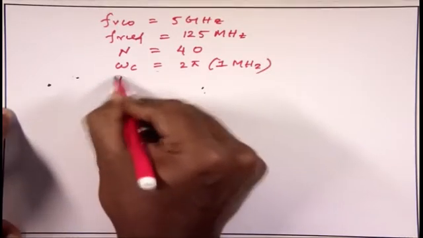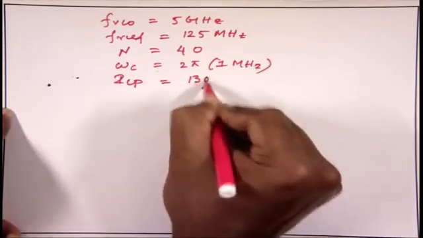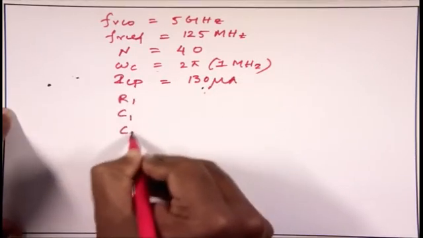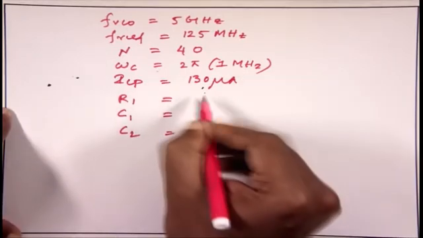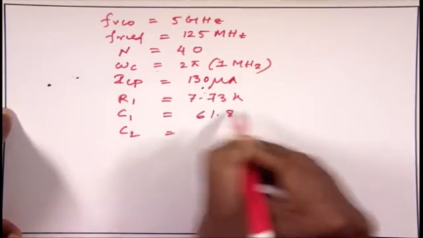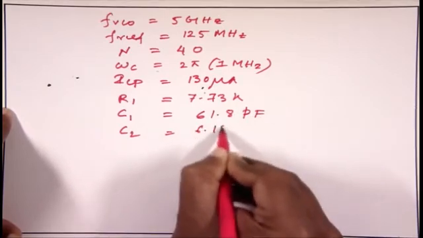And my charge pump current is 130 microampere, and R1, C1, C2 I already know: 7.73 kilo ohm, 61.8 picofarad and 6.18 picofarad.